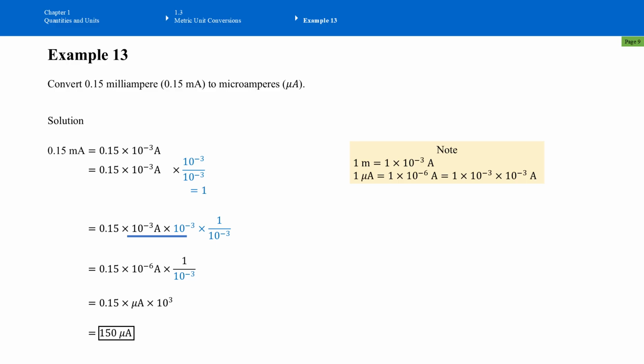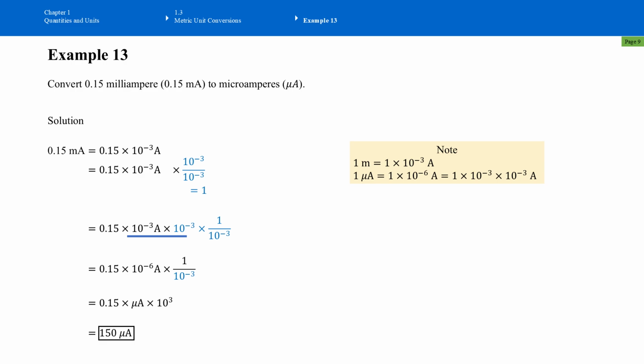And then the blue underline includes that 10 to the minus 3 times 10 to the minus 3, so we can combine here, turning into 10 to the negative 6, and that's the micro. And then that leaves 0.15 times 10 to the negative 6 amps, multiplied by 1 over 10 to the negative 3.